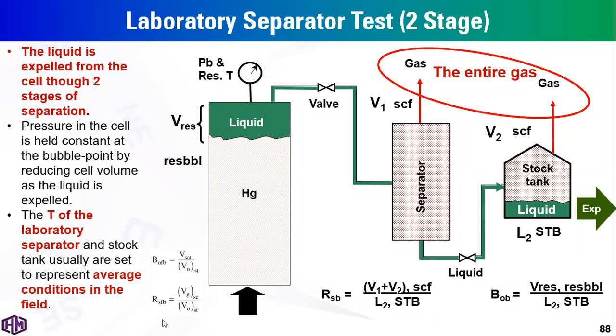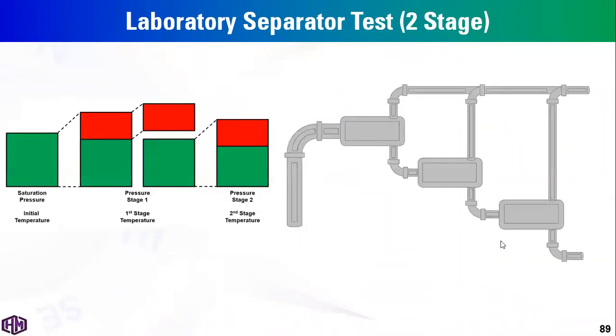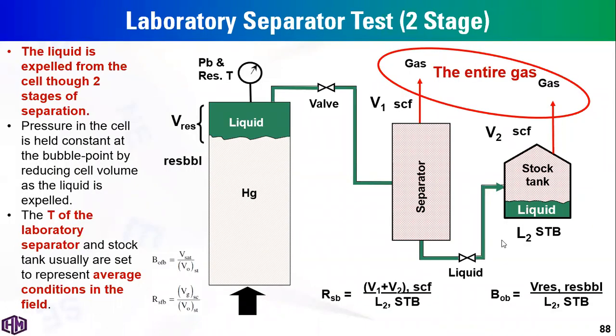So actually the objective of the separator testing is to characterize the fluid behavior by changing the pressure and temperature, and also to optimize separator conditions to achieve the maximum liquid recovery, which means achieving the highest API gravity and lowest solution gas oil ratio.